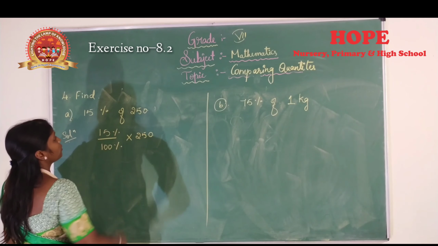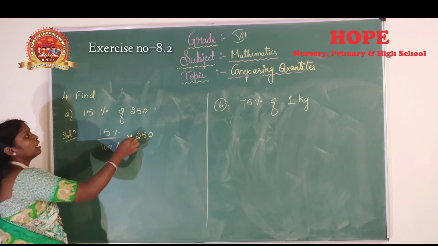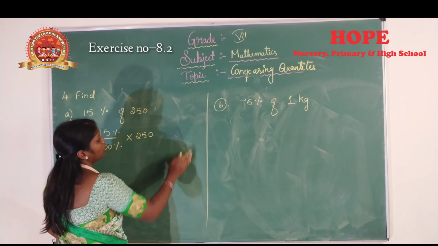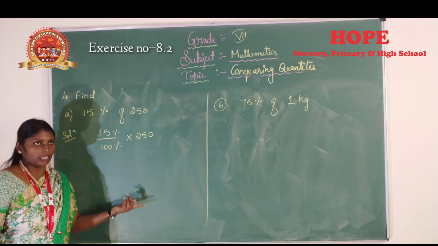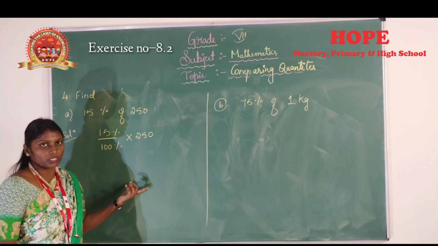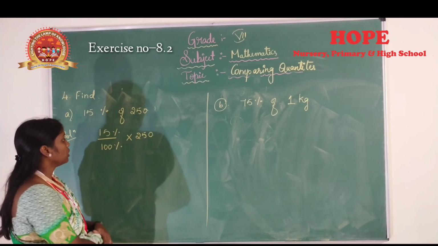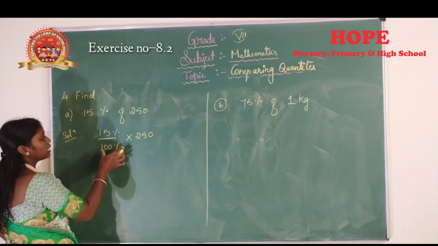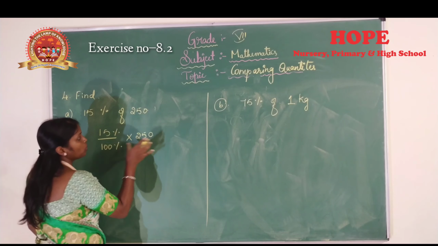In this we have to find out 15% of this. For example, if we consider 250 students are there, so only 15% of students, how many students will come? So like that we have to find 15% divided by 100% into 250.